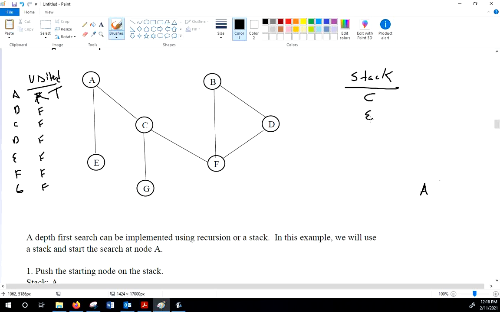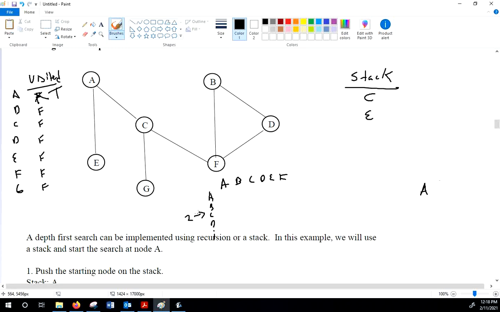Now, how do you do that? Well, you have to go to the adjacency matrix for this thing and go to A's row. So what you're really pushing on these stacks are indices in your adjacency matrix. So we've got A, B, C, D, E, F, and we've got A, B, C, D, etc. And so what I'm really pushing on this stack here is the index 2, because that tells me what I'm going to be pushing on that stack.